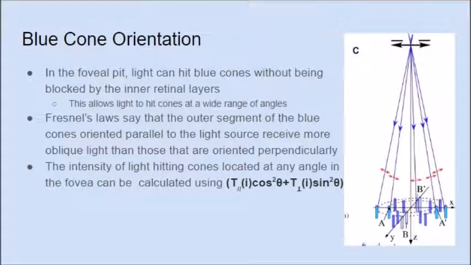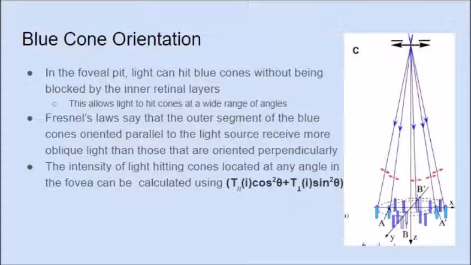Blue cone orientation. In the foveal pit, light can hit blue cones without being blocked by the inner retinal layers. This allows light to hit cones at a wide range of angles. Fresnel's laws say that the outer segment of blue cones oriented parallel to the light source receive more oblique light than those that are oriented perpendicularly.